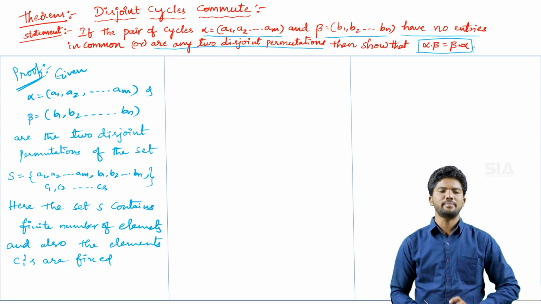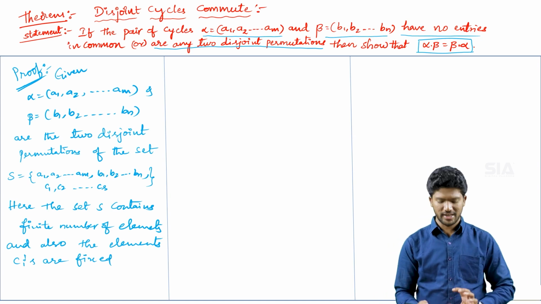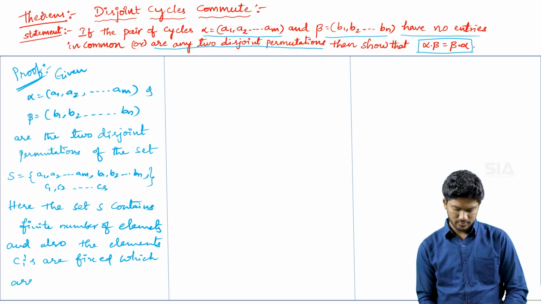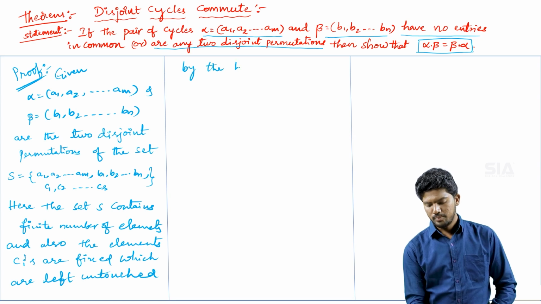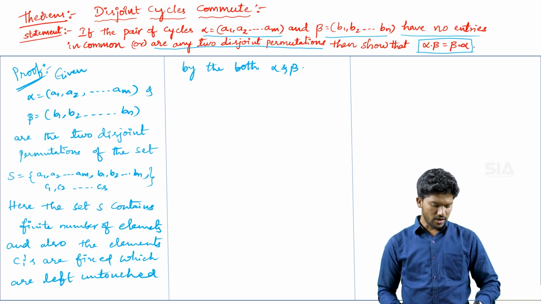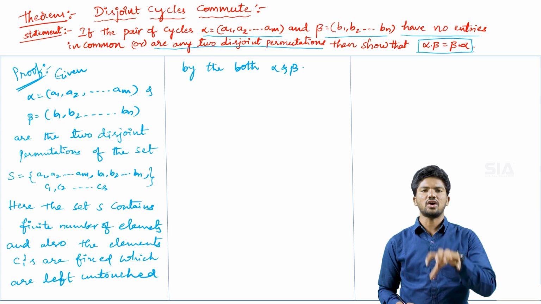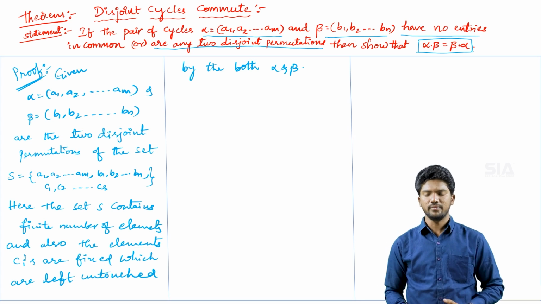Okay, and also the elements which are represented by the c suffix i's, that is c1 c2 up to c suffix s, are fixed, which are left untouched by both permutations alpha and beta. Here the elements in capital S, the c suffix i's, are fixed. Fixed means those are the constants. Fixed elements are those untouched by the given two permutations alpha and beta.